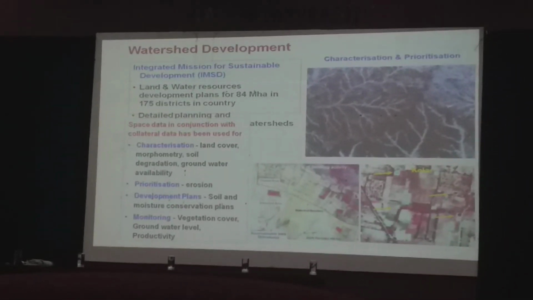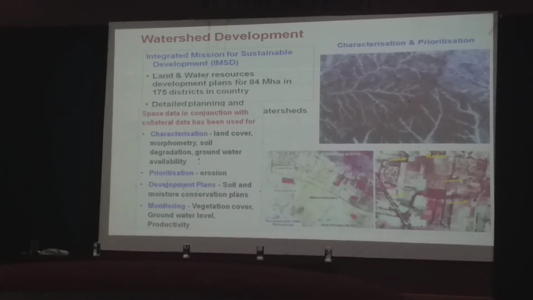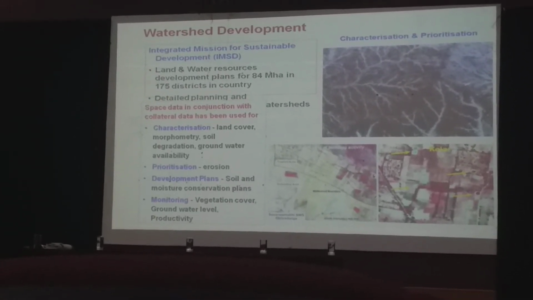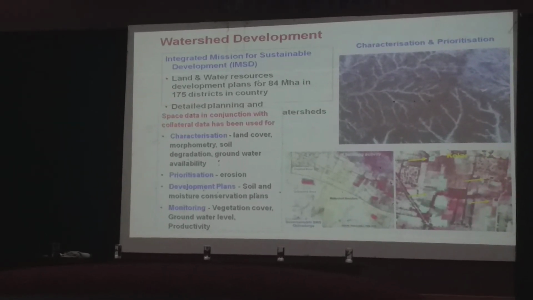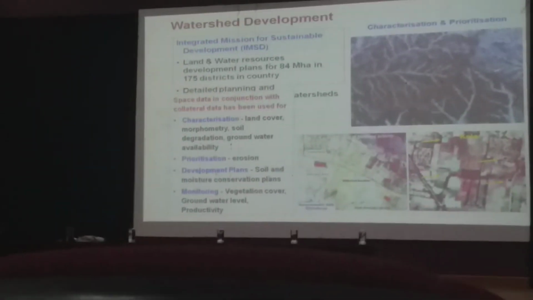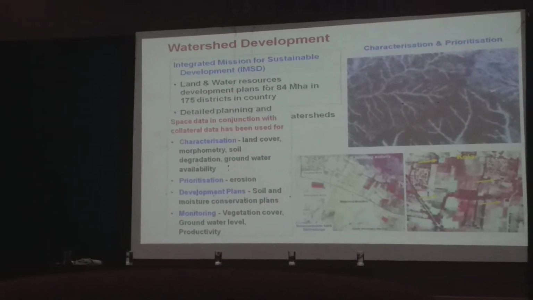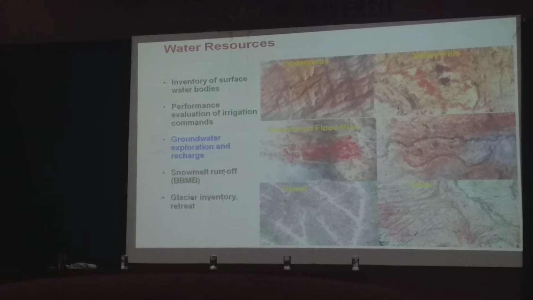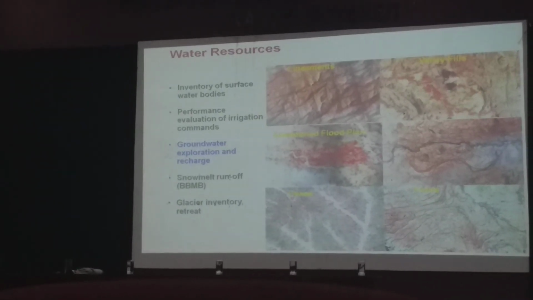In watershed development, the locations of check dams and waterways are important, using satellite data and the digital terrain model. You can locate where the water should be arrested, which will help conserve water as well as soil. Then in water resources, the inventory of surface water bodies is very important.